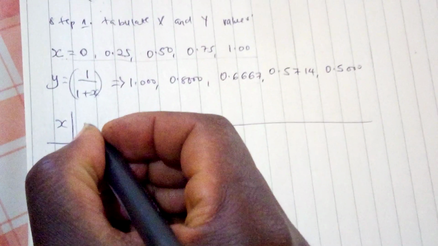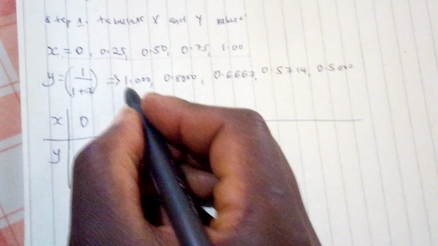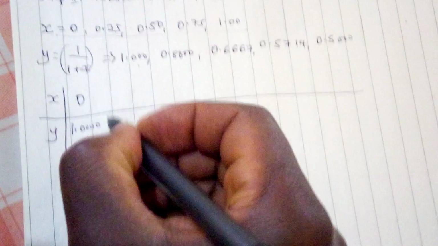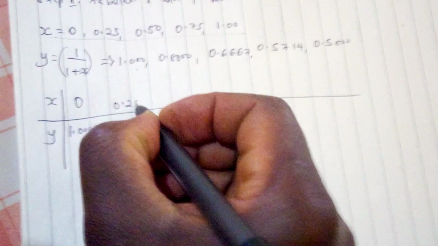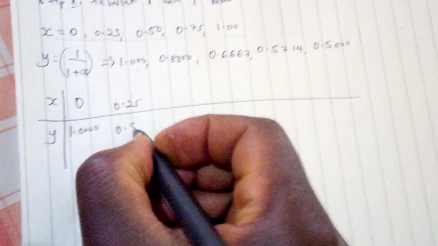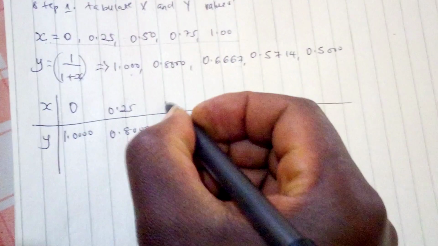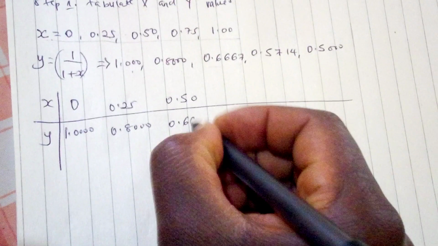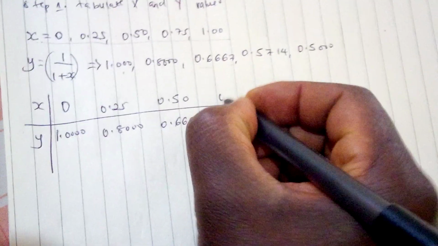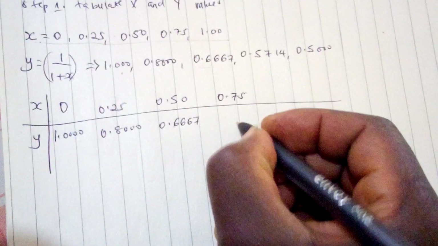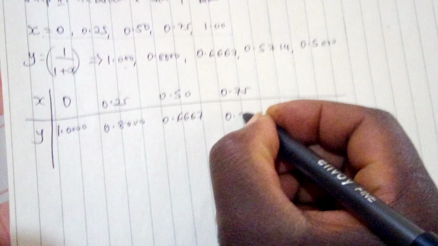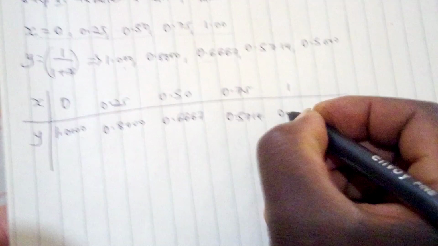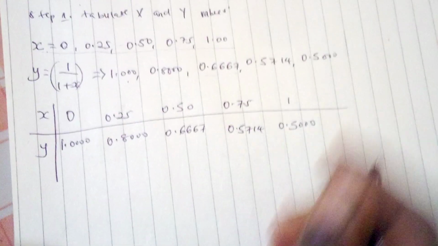So our table will look like this: x, y. We put the values of x: 0 corresponds with 1.00. Then we have 0.25 with 0.800. Then 0.50 corresponds with 0.6667. Then 0.75 corresponds with 0.5714. Then you have 1 with 0.500.